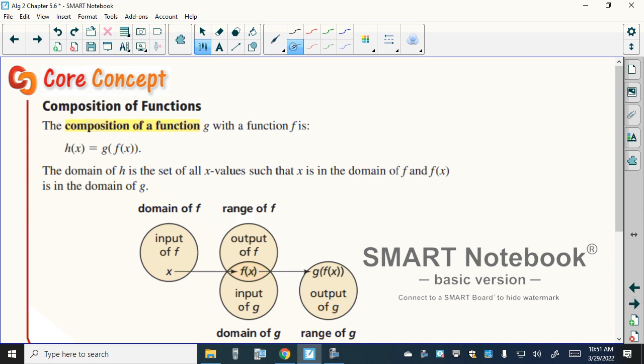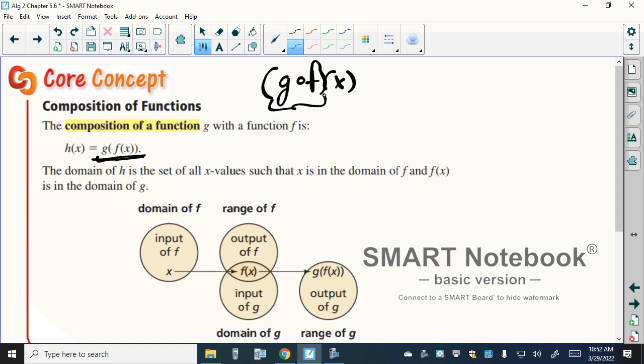Now, the way that I remember these and the way that they were mentioned when I learned them is we talked about them as fog and goff. Because where we write a composite function like g of f of x, this here looks like goff, G-O-F.